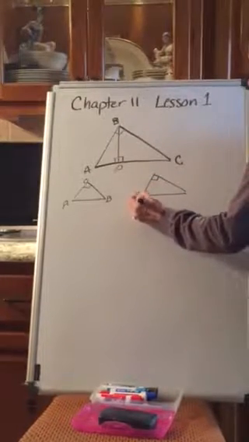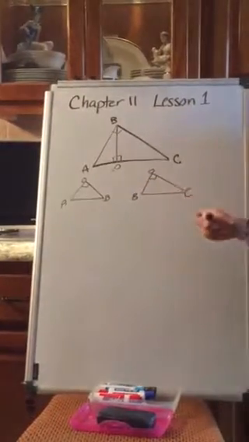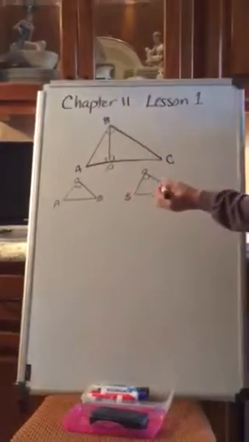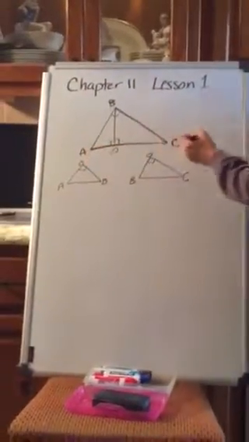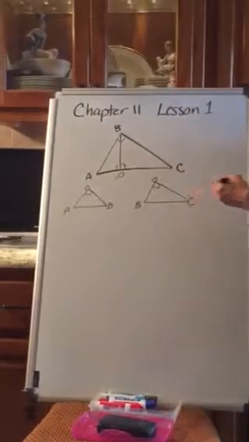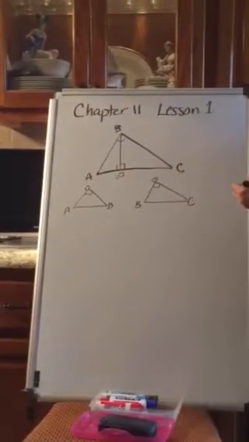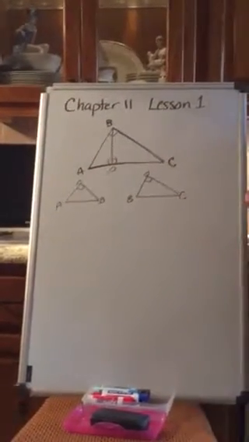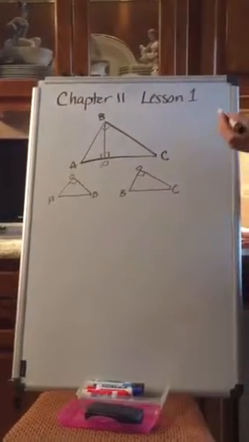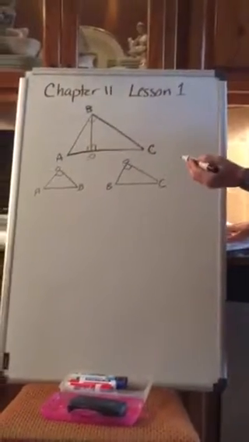I have BOC. So AB is the hypotenuse here, AC is the hypotenuse here, and BC is the hypotenuse in this triangle. Then I can look at some proportions.